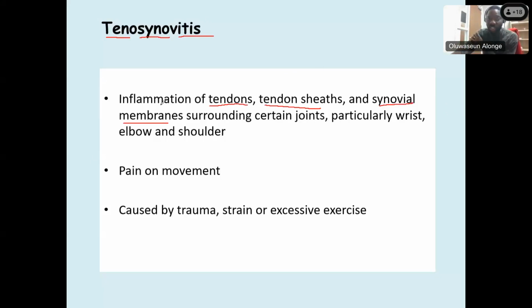Now, when there's inflammation, there's going to be pain. And that could be as a result of trauma, strain or too much exercise. So that's why there's always wisdom to know when to exercise and when not to exercise. There are some exercises that are ideal for some stages. There are some exercises that are not ideal.